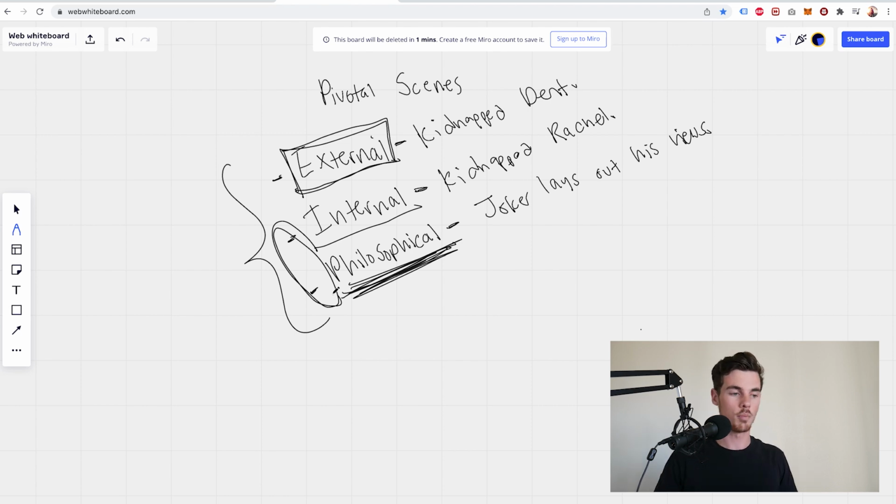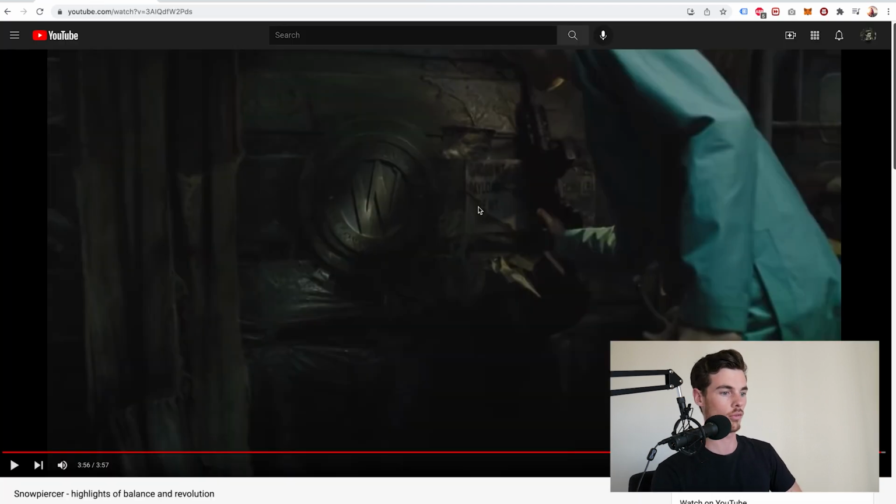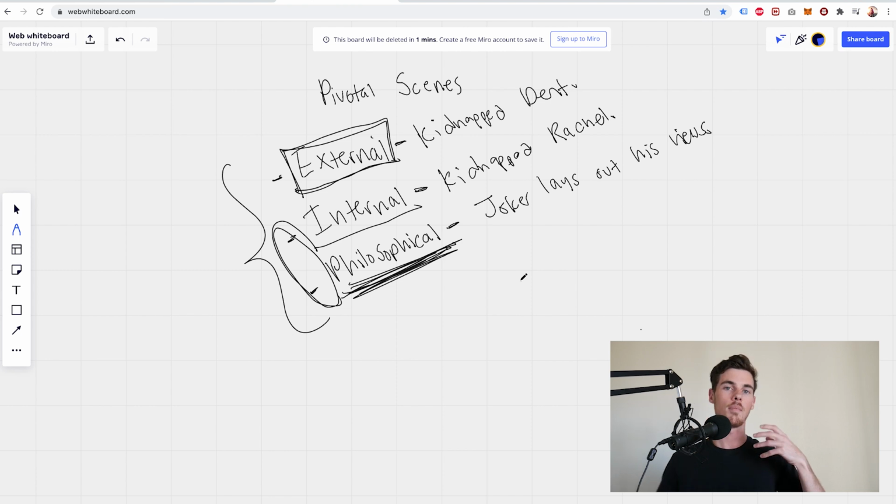So this is how your pivotal scenes work, right? Thinking about Snowpiercer as well, right? It's about character choice and character action, and it's about how do you have your characters challenge each other on these three levels, right? And specifically in the two scenes that we've seen, it's the antagonist challenging our protagonist on specifically this level, but also on these other two levels as well, right? So for example, with Curtis, right?